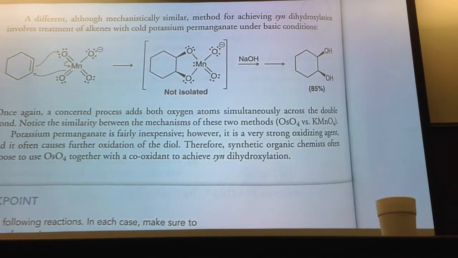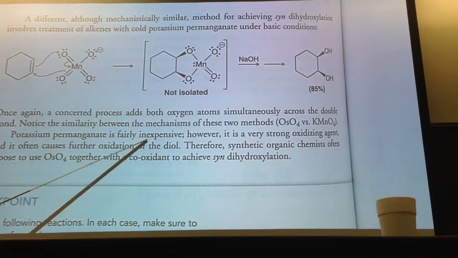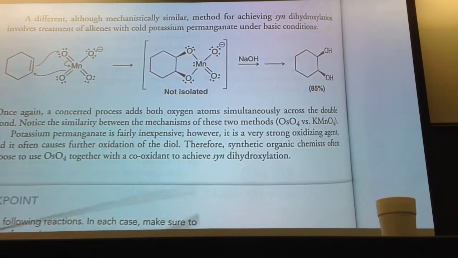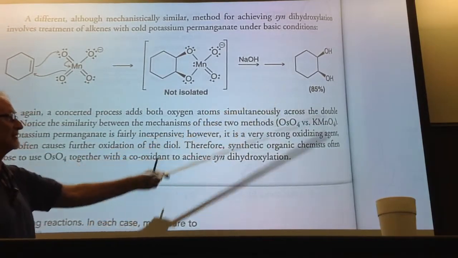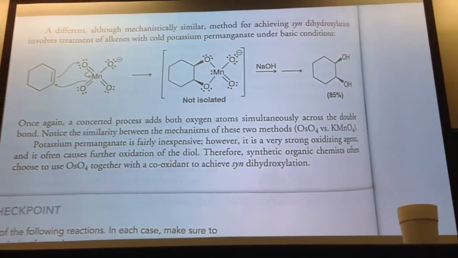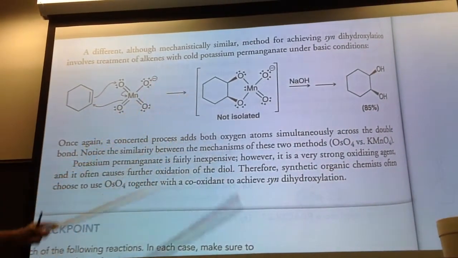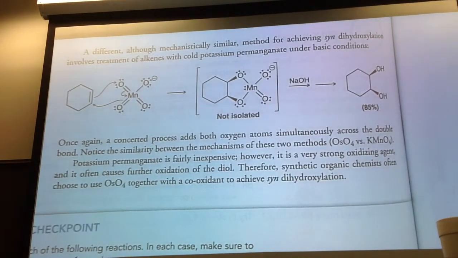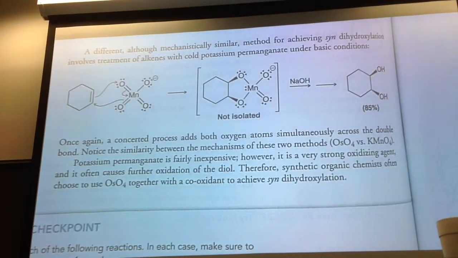So how it happens, I don't know. Permanganate is cheap, but it's a strong oxidizing agent. You tend to get further oxidation of this, so you have to be careful. Lots of times we'll keep this nice and cold so it doesn't happen. All right, so that's permanganate.